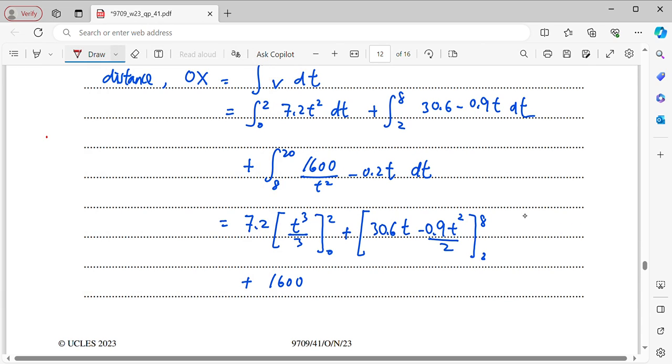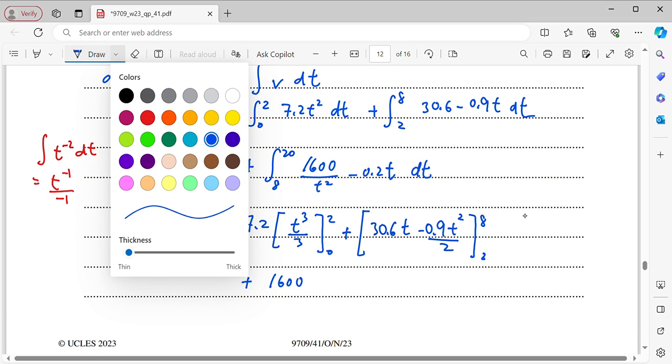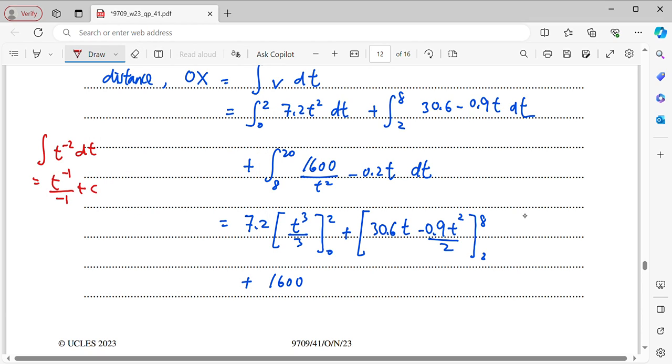Just for your information, to integrate t to the negative 2 dt, you add 1, so negative 2 plus 1 is negative 1, over negative 1. Plus c is for the indefinite integral. So I will get t to the power negative 1 over negative 1, then minus 0.2 t squared over 2, from 8 to 20. Then now just replace the values.